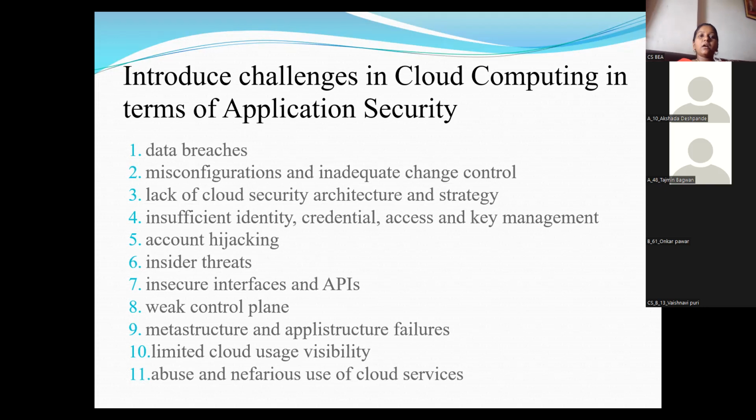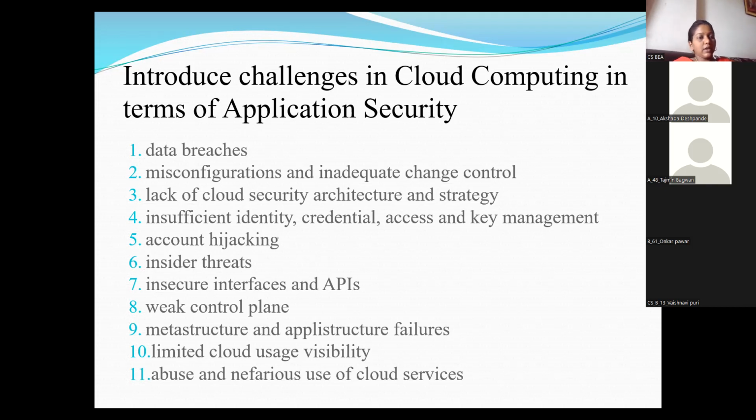Then the fifth one is account hijacking. So cloud account hijacking is the disclosure, accidental leakage, exposure, or other compromise of a cloud account that is critical to the operation, administration, or maintenance of the cloud environment. These highly privileged and sensitive accounts, if breached, can cause massive consequences.